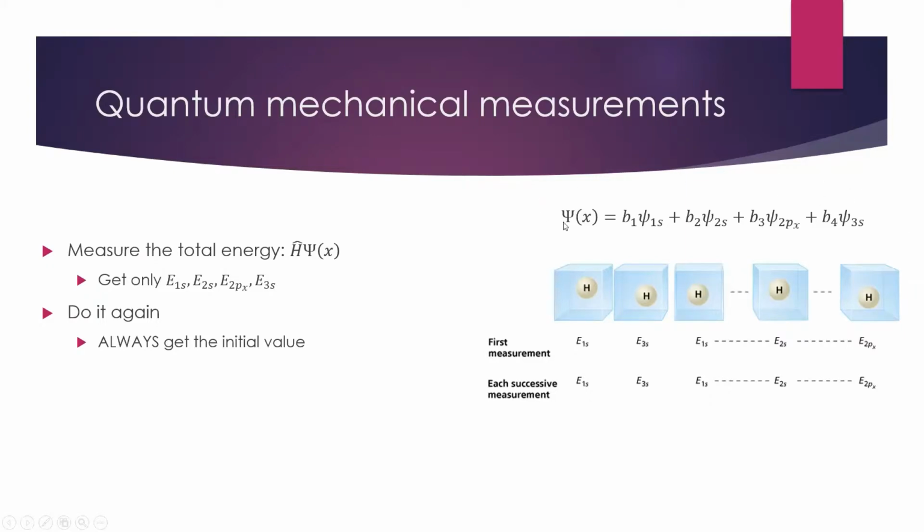So this shows us that our wave function for our hydrogen atom is described as there's some 1s character, there's 2s character, there's 2px character, there's 3s character, and they're weighted with these different constants here. And so before we do a measurement, our wave function is in this superposition where we can get any value. After we do the measurement, we only see the same value.